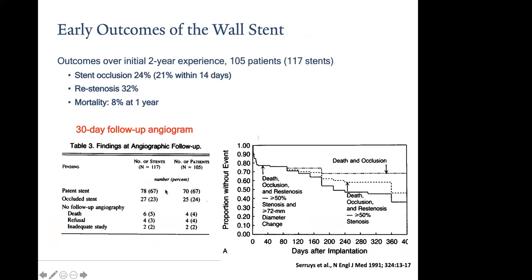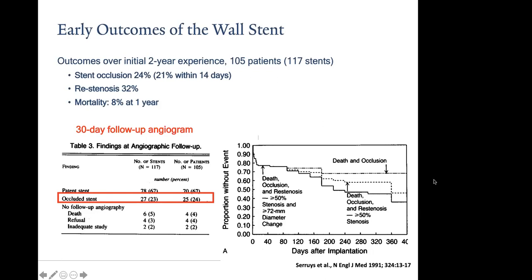But if you look at this data a little more closely, every patient had a 30-day follow-up angiogram unless they refused, had an inadequate study, or died before that could happen. And 23% of the stents were occluded, which in the current era is an abysmal rate of stent occlusion at 30 days. But at that time, this was still a very promising technology.